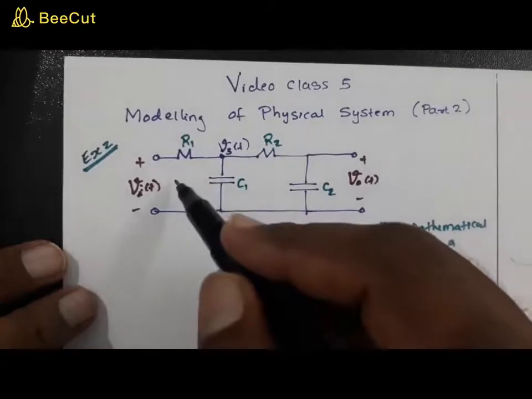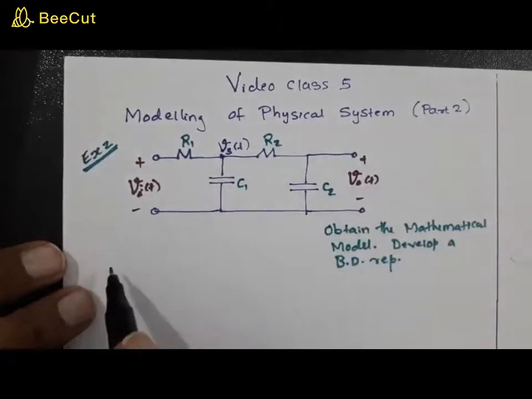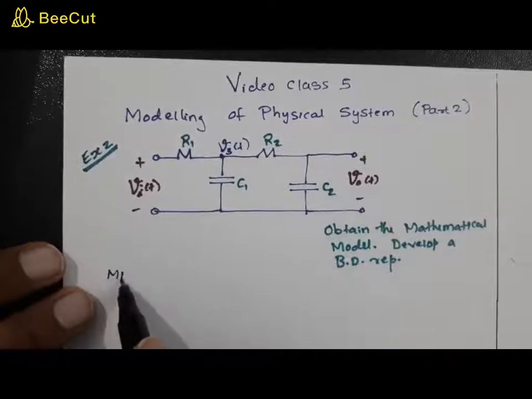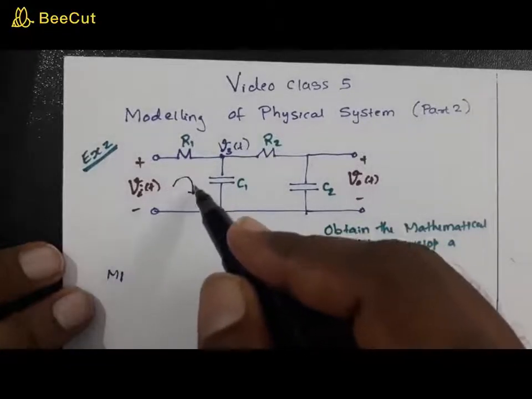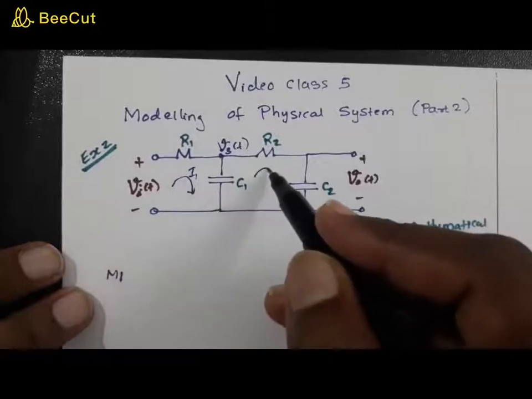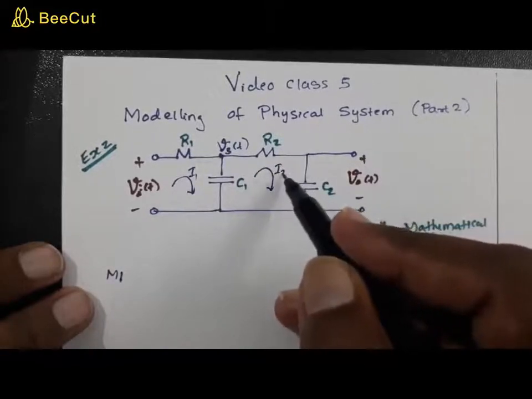Now in order to start with mesh analysis, looking at mesh 1, you assume a current I1, right? And in the second mesh you assume a current I2, right?